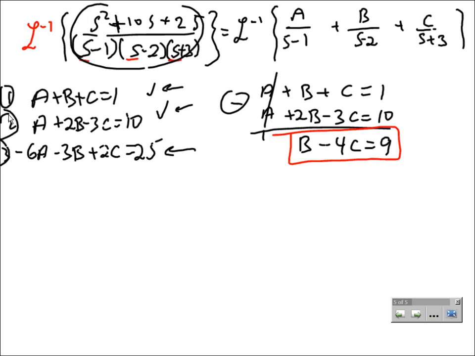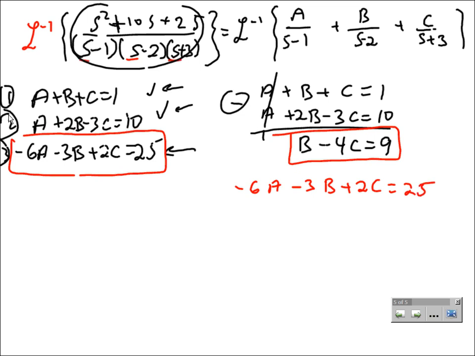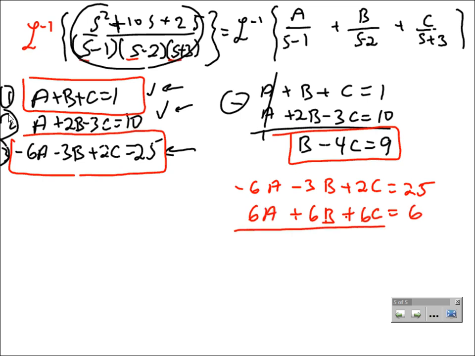Now, using this equation that we haven't used yet, and one other equation, one that we have used, we want to eliminate a. So we definitely have negative 6a minus 3b plus 2c is 25. I'll pick the first equation. I'll multiply it by 6. This way the numbers in front of a are the same. I don't care about pluses and minuses.